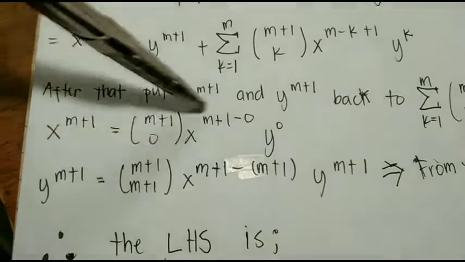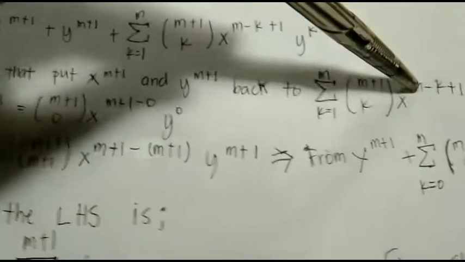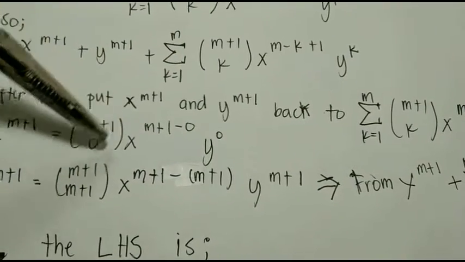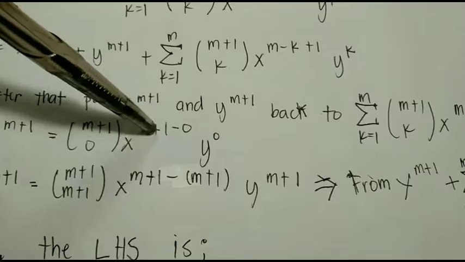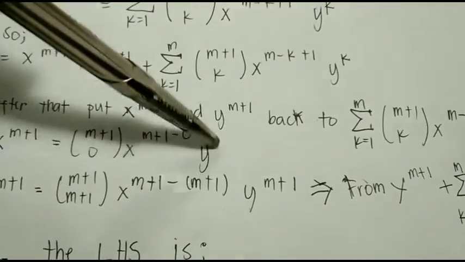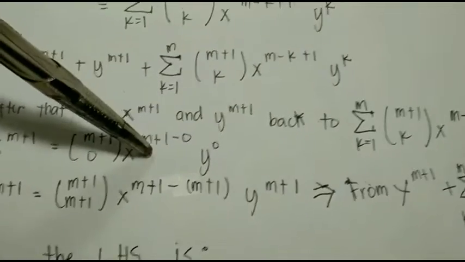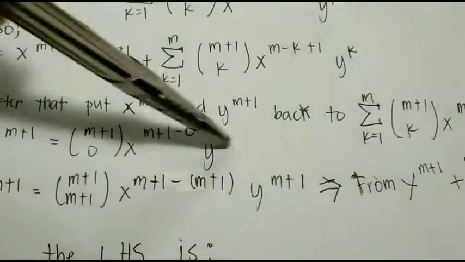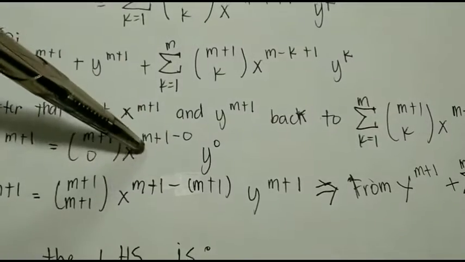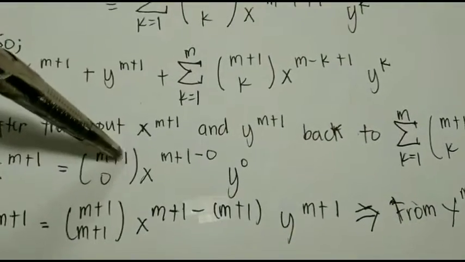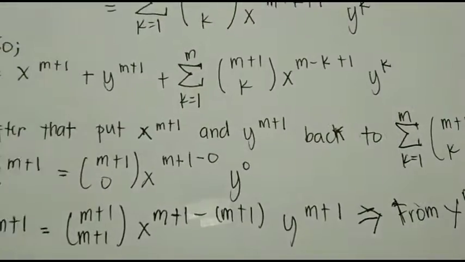So, this x comes from m plus 1 taken by 0 and x with the power of m plus 1 minus 0 and y with the power of 0. So, k is 0, so that is 1, and this is x with the power of m plus 1.